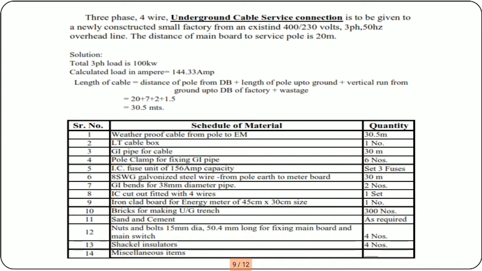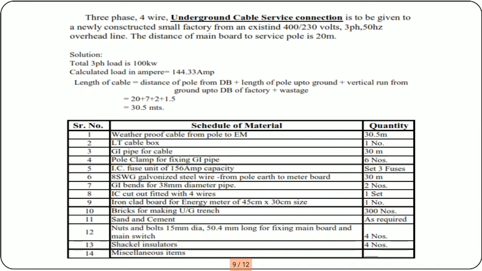Then we need the GI bend for 38 diameter pipe. Then IC cutout fitted with 4 wire, 1 set. Then ironclad board for the energy meter of 45 centimeter by 30 centimeter size. Then bricks for making the underground trench as required.